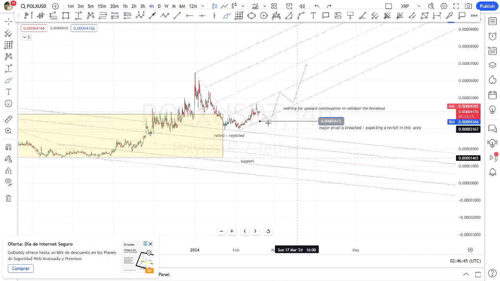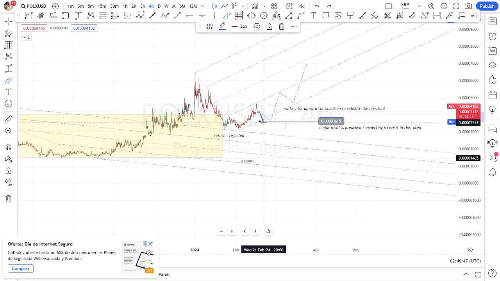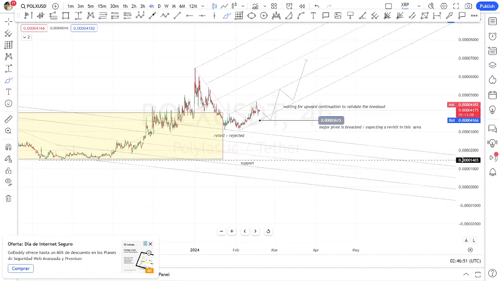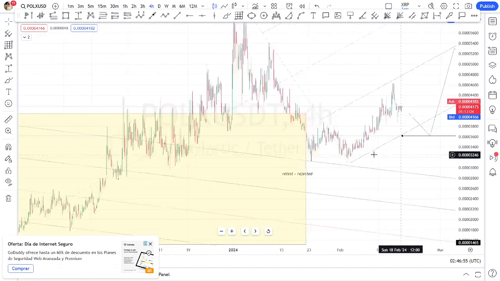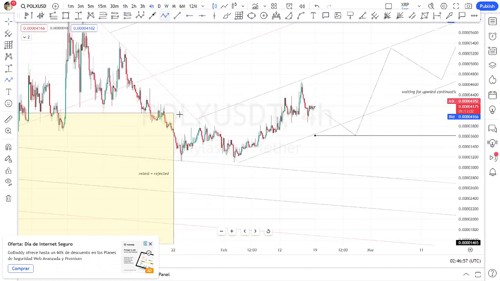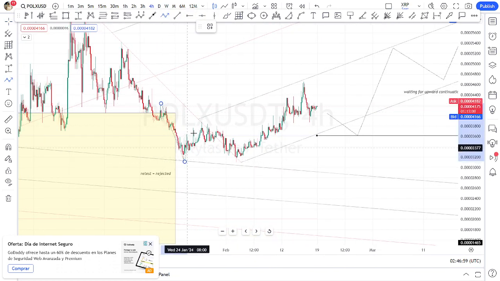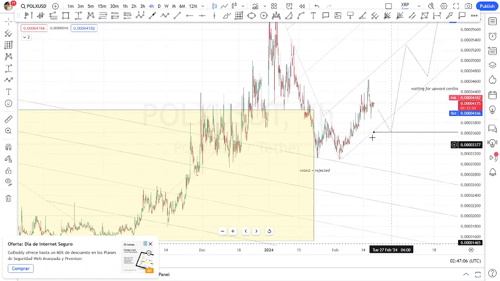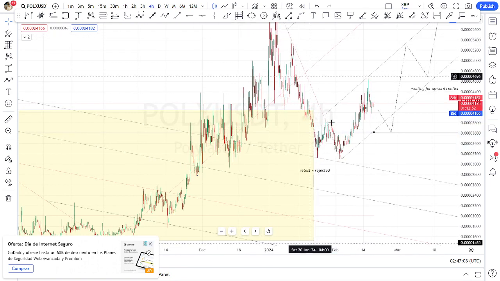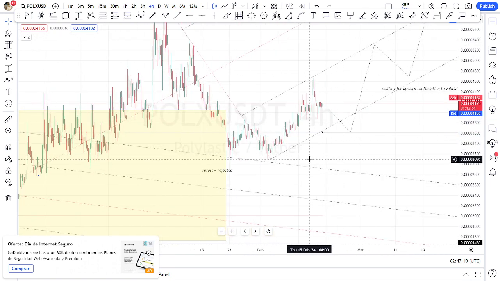But I am also expecting a revisit in this area, since this is a Quasimodo pattern. We have a higher high, I mean, we have a structure here. My bad, this is not a valid structure, guys. Let me check.